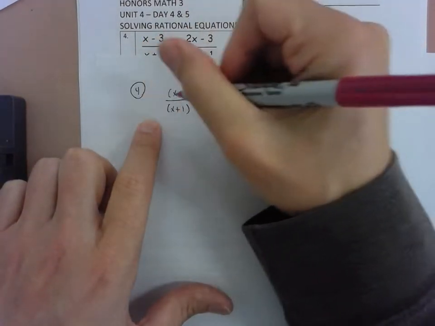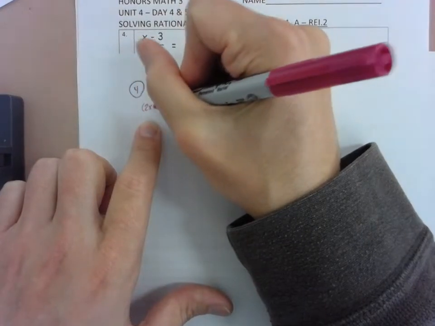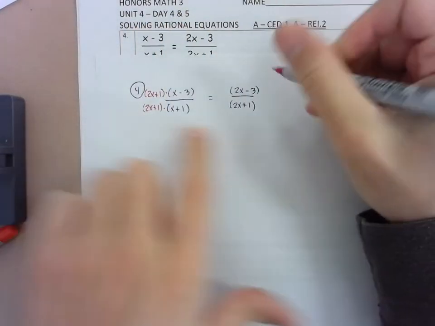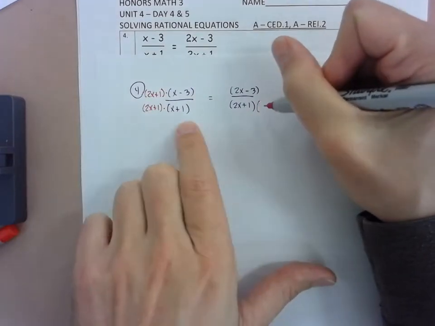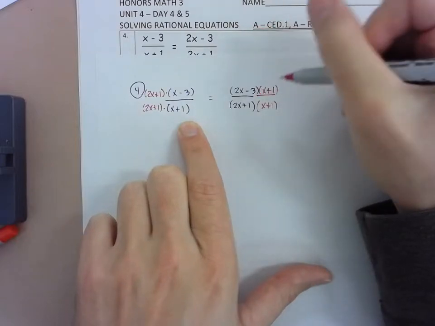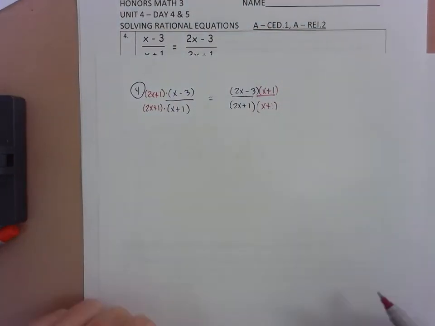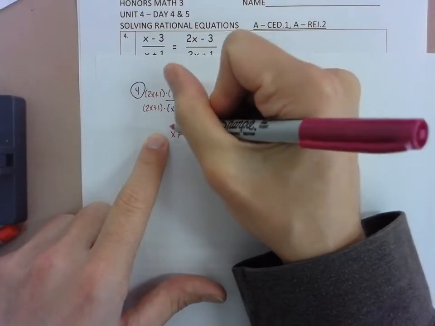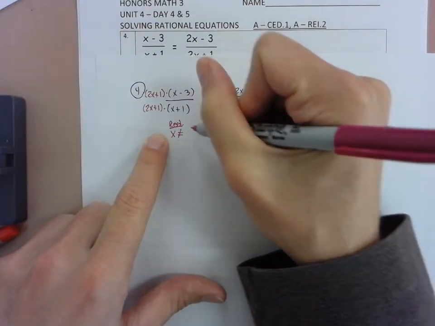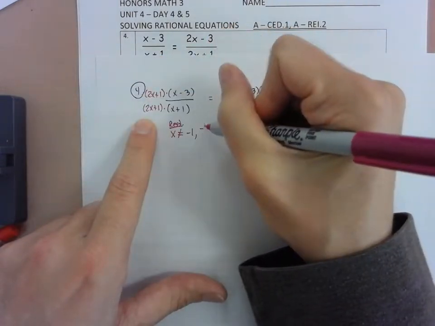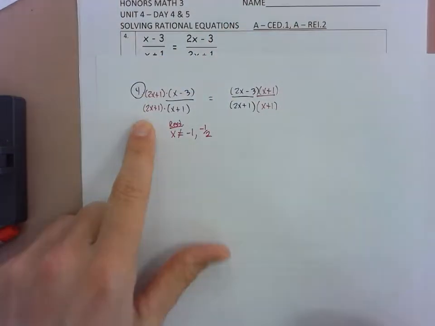So I'm going to need a 2x plus 1 over here, and over here, I will need an x plus 1. Let's look at my restrictions. X cannot equal -1, and -1/2. So let's keep that in mind as we're solving.